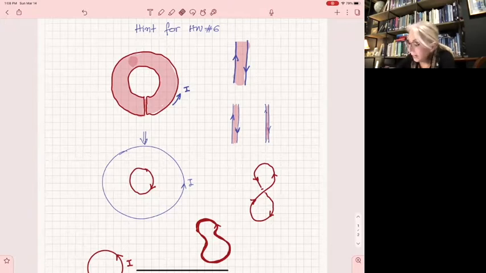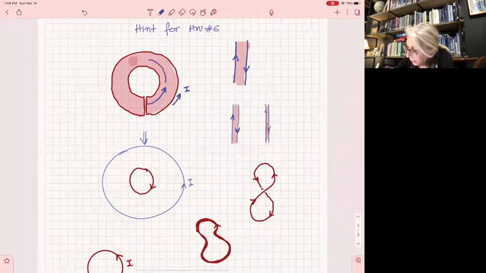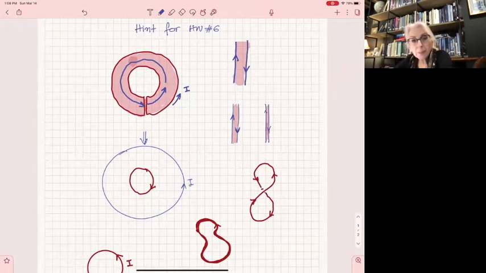I mean, if the current was going like this inside, where would it close? Would it go like this and then go like that and then stay open? It cannot be like this.